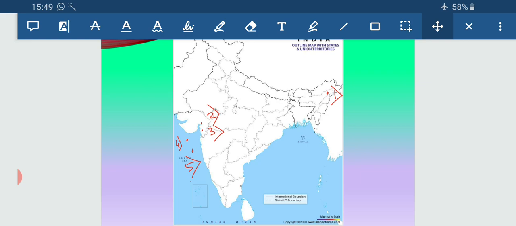And all these are termed as onshore petroleum reserves because they are located on the shore, on the coast or on the land surface. The two on the Arabian Sea are termed offshore petroleum reserves. So what are those? Number 4 is Bassein and number 5 is Mumbai High.